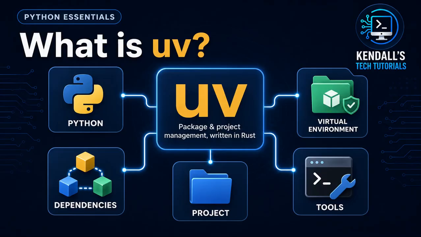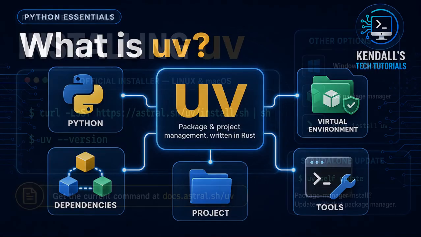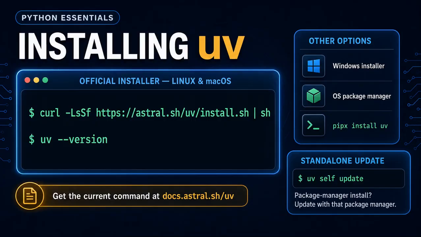For an existing project, its pip-compatible interface can continue working with requirements.txt, so adopting UV does not mean rebuilding every project at once. You can use the familiar requirements-based workflow where it fits, or use UV's complete project workflow for new work.